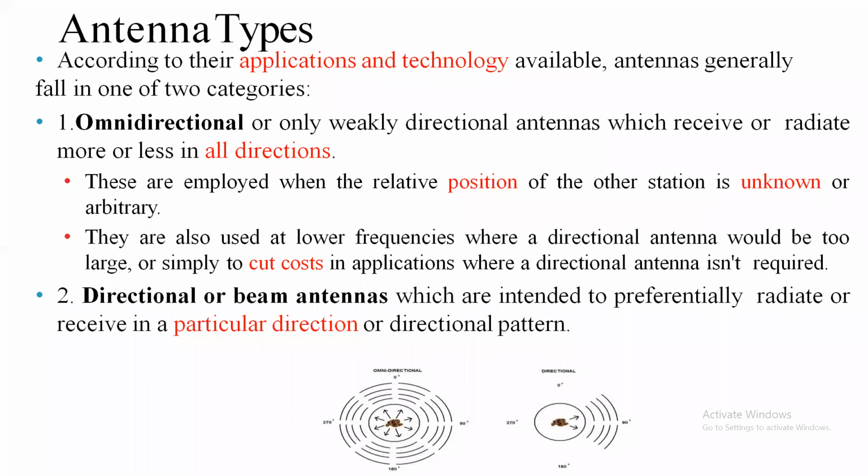Weakly directional means the antenna radiates in all directions, but the strength in each direction is less.